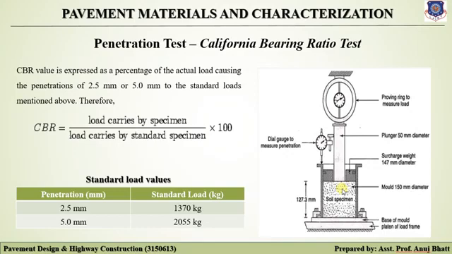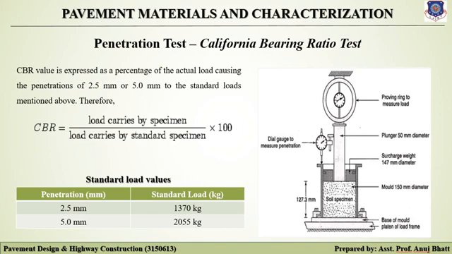After the final reading, the load is released and the mold is removed from the loading machine. About 50 gram of soil is taken from the top of the specimen for the determination of moisture content.